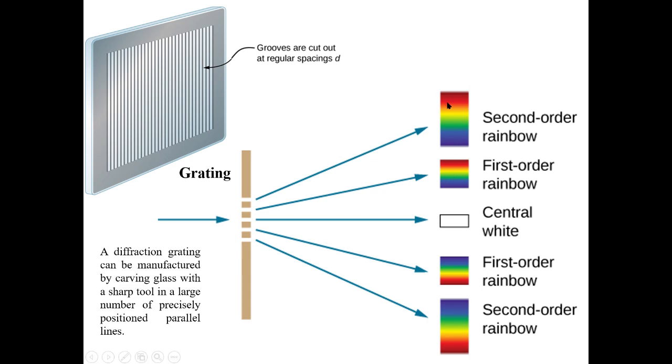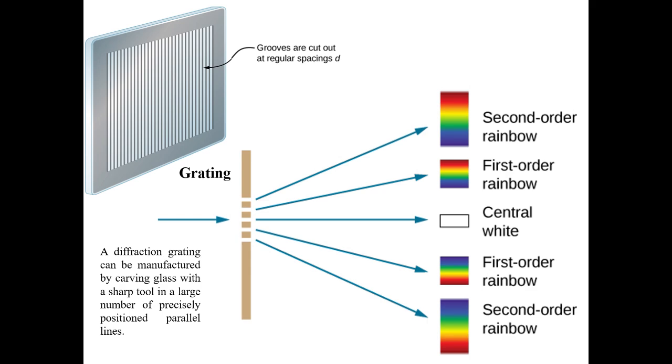But as we go to second order maxima, the spectrum is expanded in the region. This is known as the dispersion of the light. Dispersion of the light can be defined as the broadening of different wavelengths as they pass through the grating.